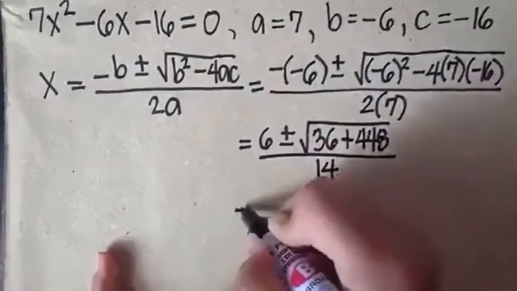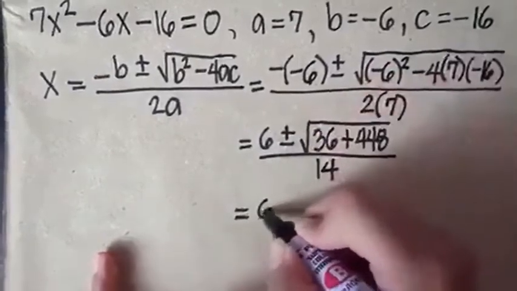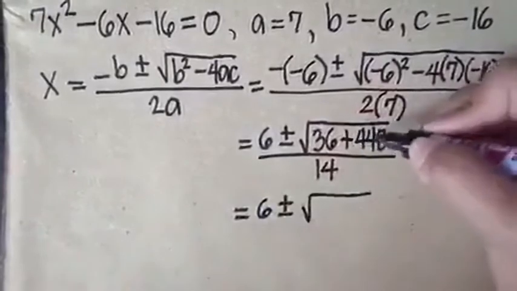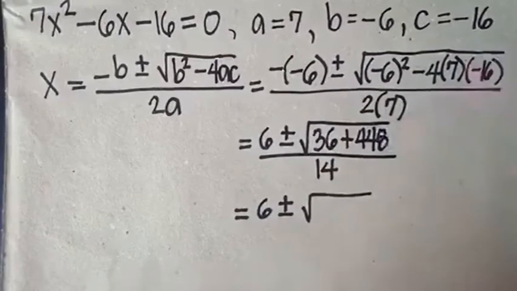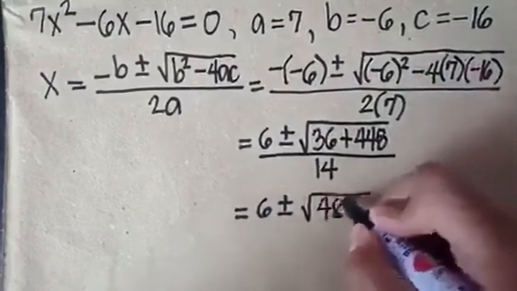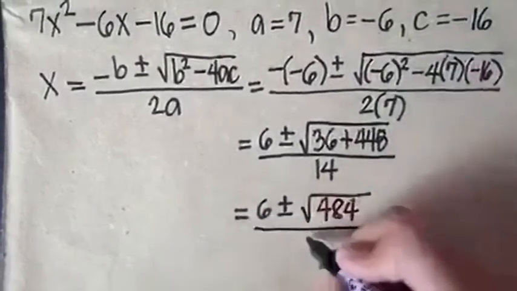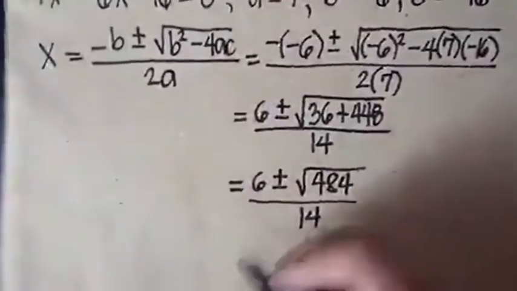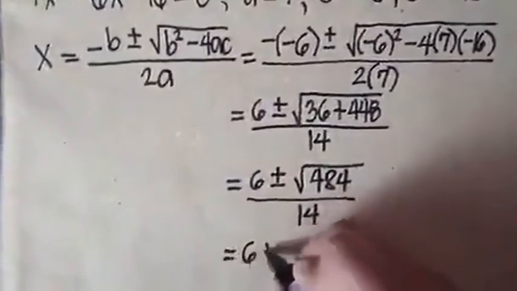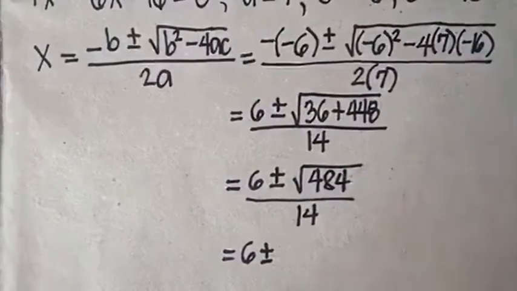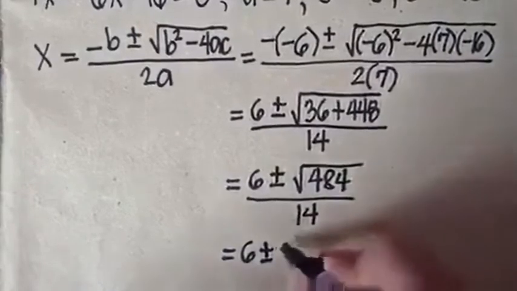Simplifying further, we bring down 6 plus and minus the square root of 36 plus 448, which is 484. So divide by 14. Next, we have 6 plus and minus the square root of 484, which is 22.